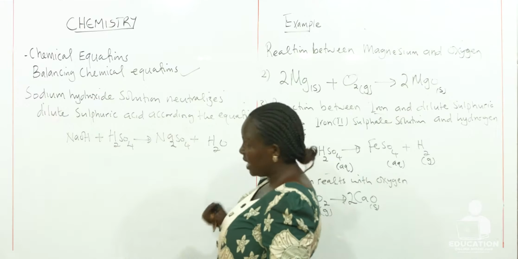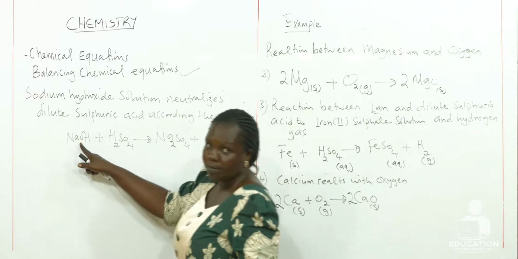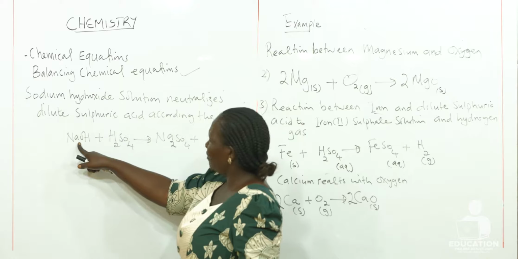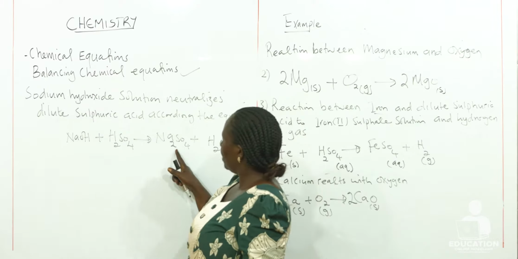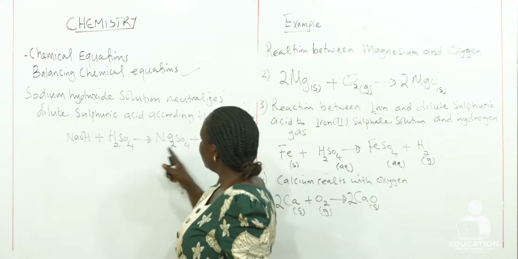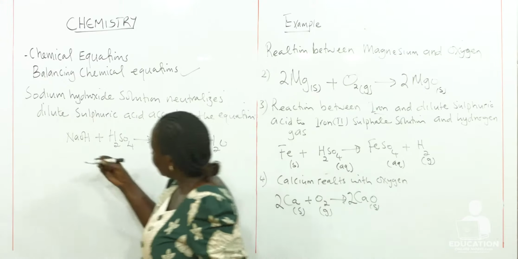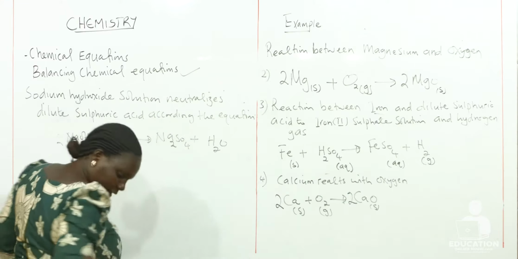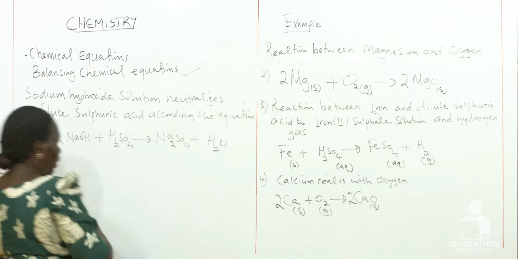Now, let us balance this equation. We have 1 atom of sodium at the left hand side, and then we have 2 atoms of sodium, which means the sodium atoms are not balanced. Let us start by placing 2 here.